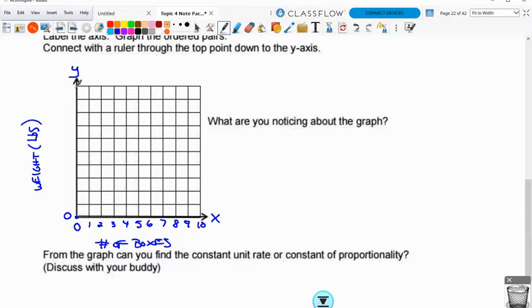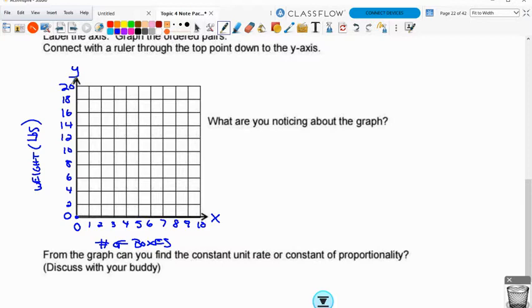So I'm not going to count by ones. I'm going to count by twos. Every line is going to be worth 2 pounds. So 2, 4, 6, 8, 10, 12, 14, 16, 18, 20. On each axis, you need a consistent scale so that you can get all of the data from the table on your graph.